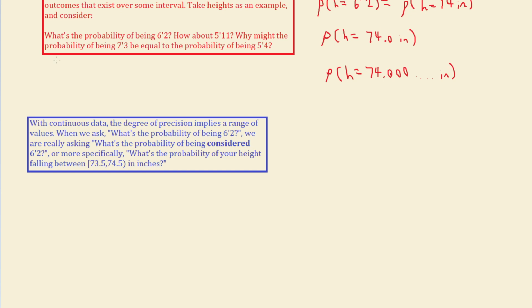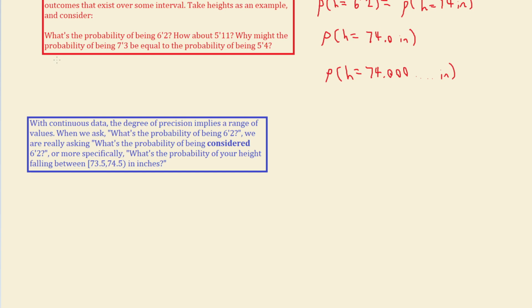That is the precise question we're trying to answer when we say what is your probability of being 6'2". And this actually does have a probability associated with it, because now we're not dealing with 74.00000, all the way down to infinity inches tall, because obviously that is statistically impossible.